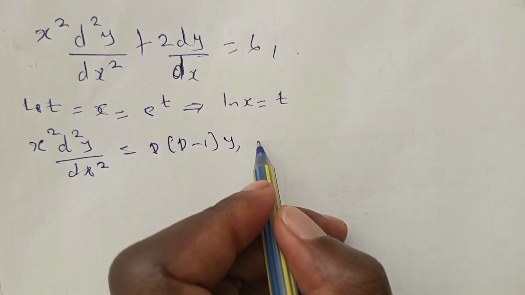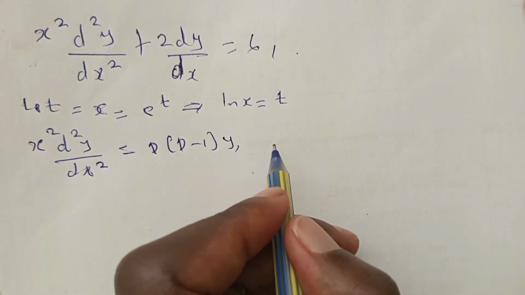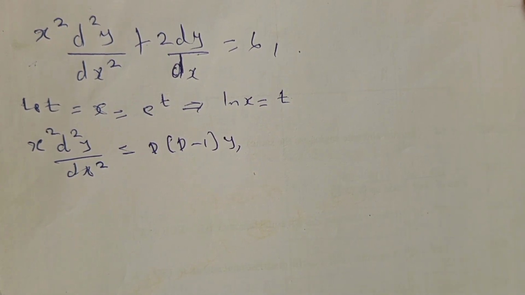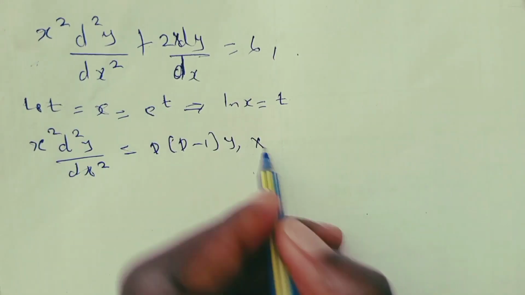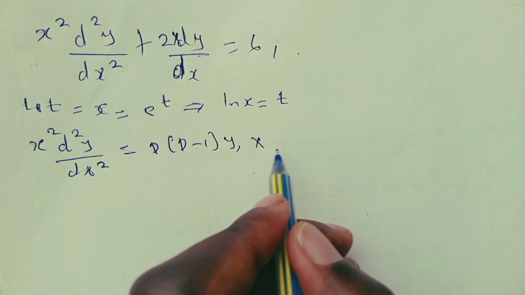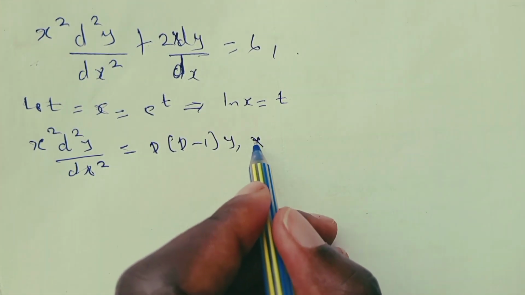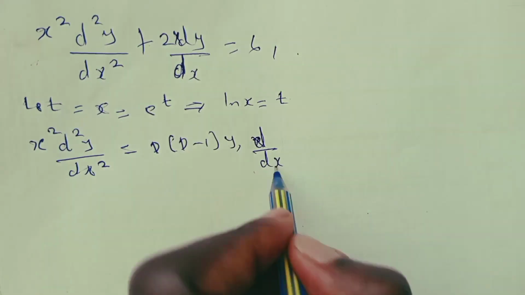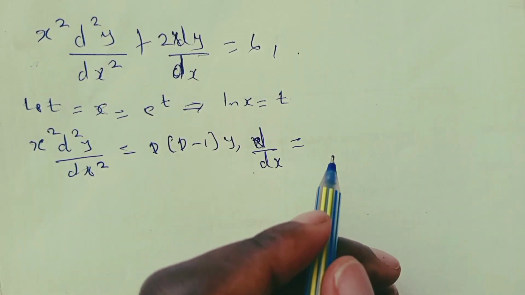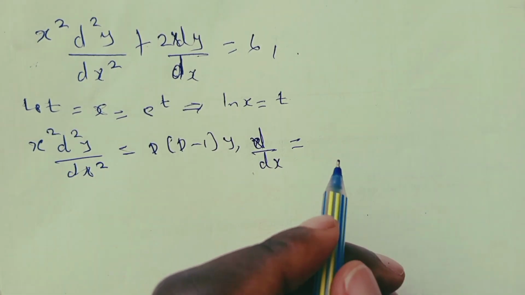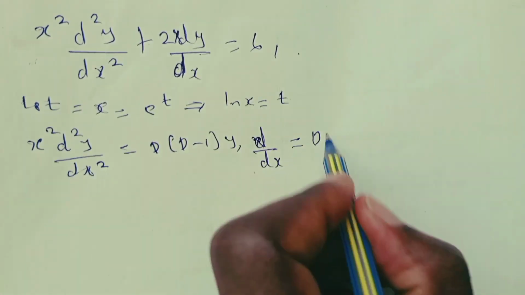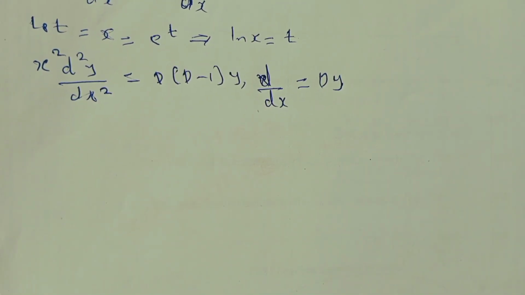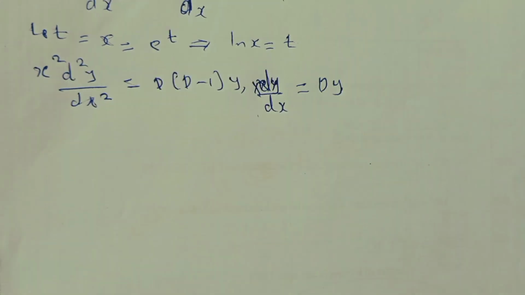And then we are also going to let x d over dx be equal to Dy. So from there now, we shall make the following substitution.